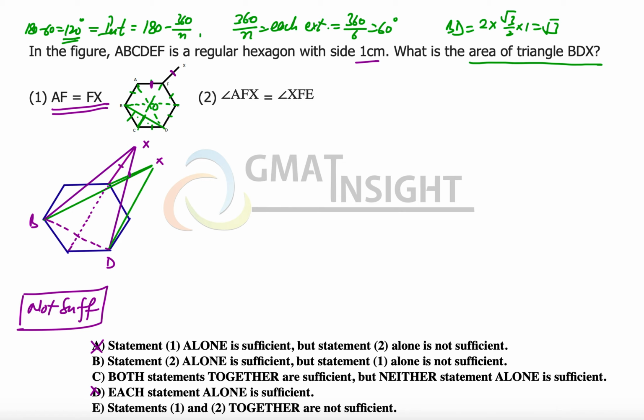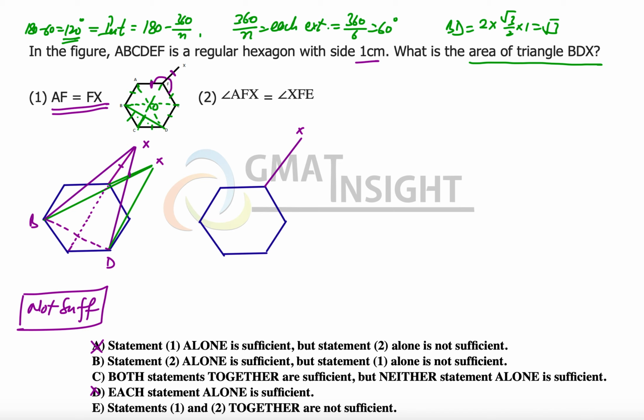Now let's quickly check the second statement. The second statement says that angle AFX is equal to angle XFE. These two angles are equal. So I'm going to draw the figure once again for this statement. Now we see that these two angles are exactly equal, but for these two angles equal, we don't know how far X is from the point F, right?